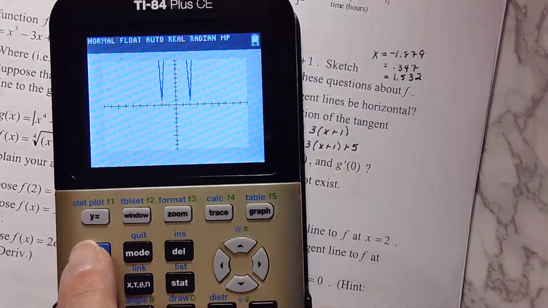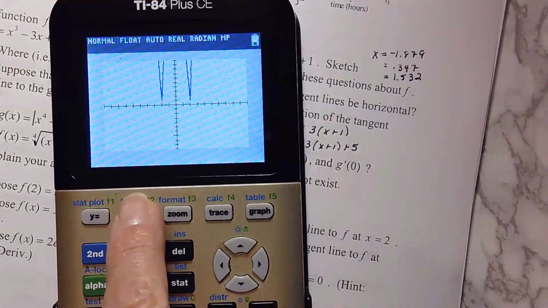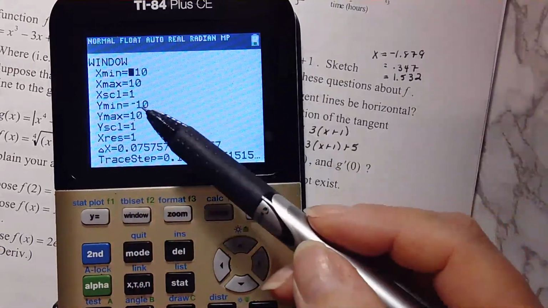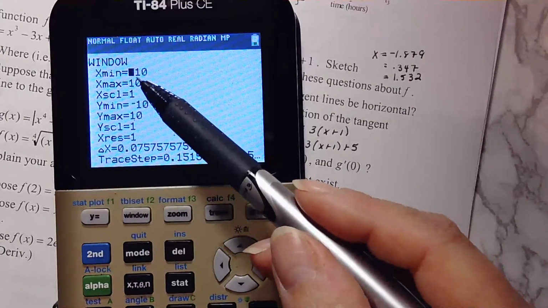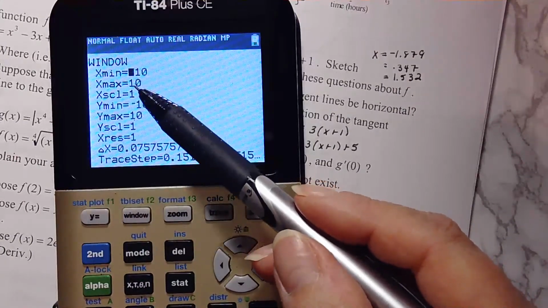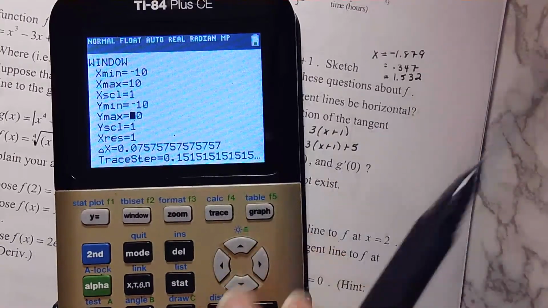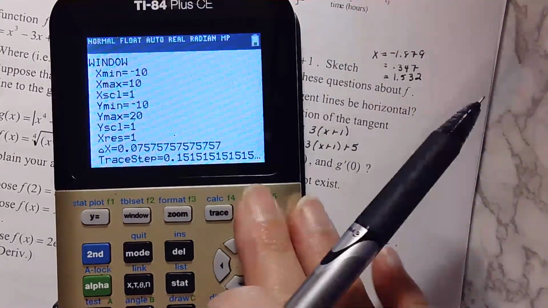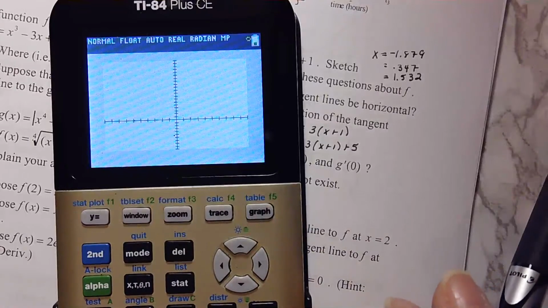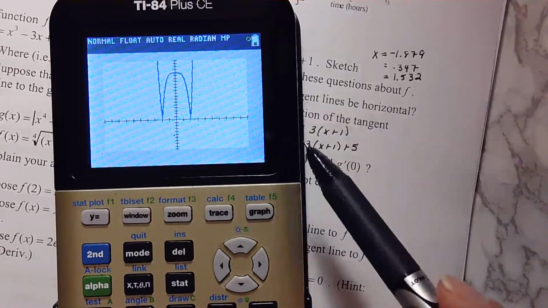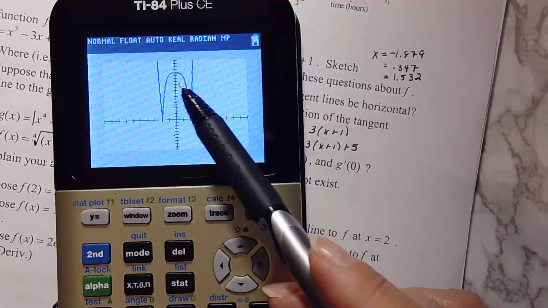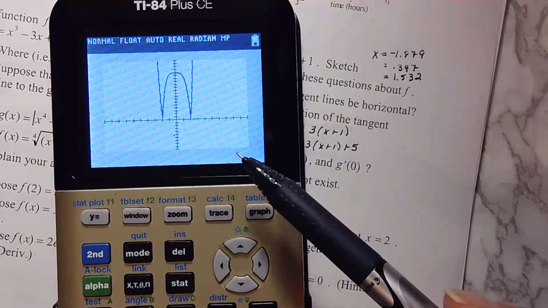So you go to window, okay? And you notice in the x and y direction, I've got a square window, -10 to 10 and -10 to 10. So I just want to go on the y-axis here and move it up to like 20, right? And hit the graph key again. And so now I can see up higher on the y-axis, and I can see my graph, which is important.